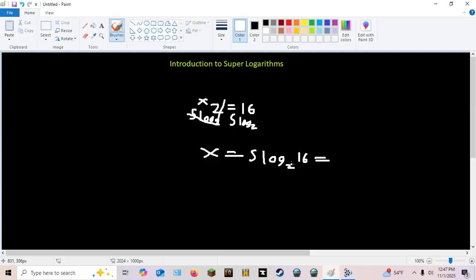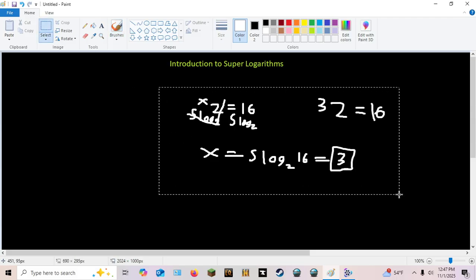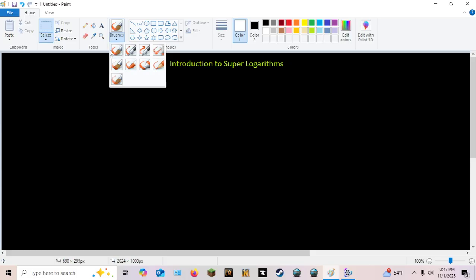Now 2 tetrated to what gives us 16? 2 tetrated to 3 gives us 16. So that means x is 3. When I plug in 3, 2 tetrated to 3 equals 16. That's true, because 2 squared equals 2 raised to the 4th, which equals 16.